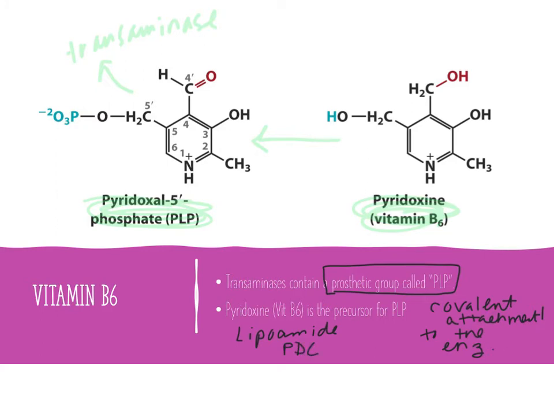What do we call things that aren't covalently attached that help the enzyme react? Things that are not covalently attached that help the enzyme do its function are called coenzymes. Coenzymes and cofactors also help the enzyme do its function, perform its reaction, but these are not covalently attached.